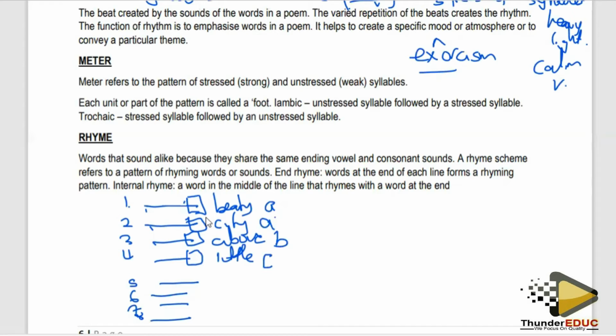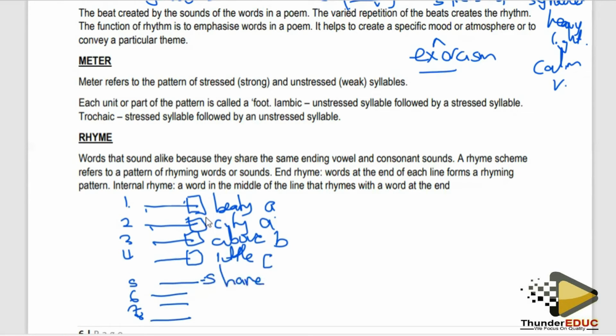So we're looking at the last words in each line to see if they really rhyme or they do not. If they do rhyme, you'll have a pattern of AA, BB, AB, AB, depending on what is there, until you continue to the next line. If, for example, this line starts with a different rhyme, and then you have share.